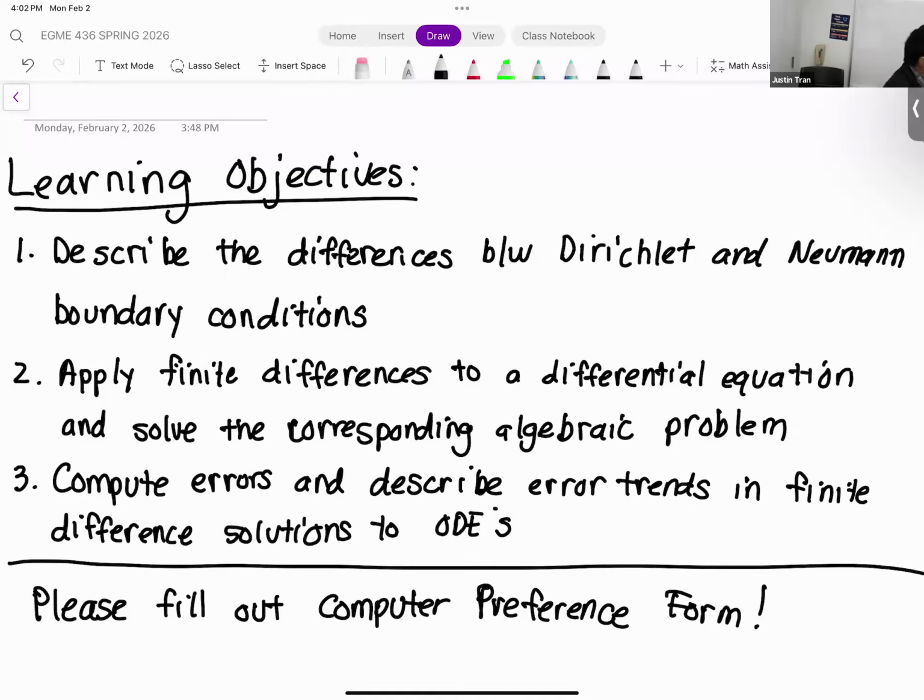The other thing I posted on Canvas on Friday was a survey. I'm working on the OpenFOAM material for the second half of the class, and I'm trying to think of the best way to deliver that to you guys. One option is to have you run OpenFOAM locally on your own machines. That's why I sent that survey out. I can get OpenFOAM to work on Windows, no problem. I have a Windows machine myself, so I feel pretty confident I can help you with that.